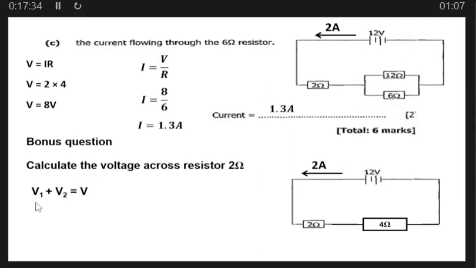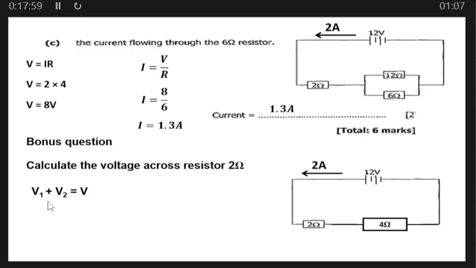So voltage 1, which we are calling the voltage across the 2 ohm resistor, plus voltage 2, which is the voltage across the parallel, must equal the total voltage. We calculated the voltage across here as 8, and we know the total voltage is 12.